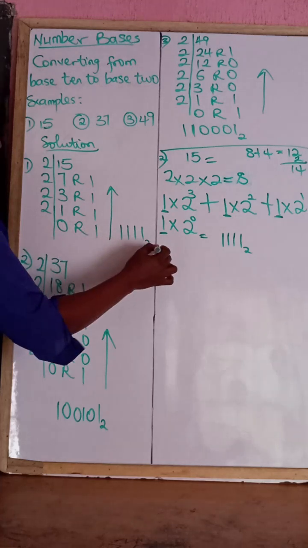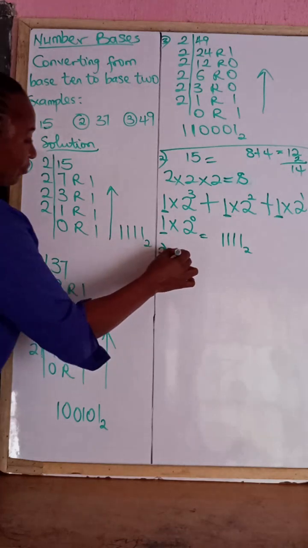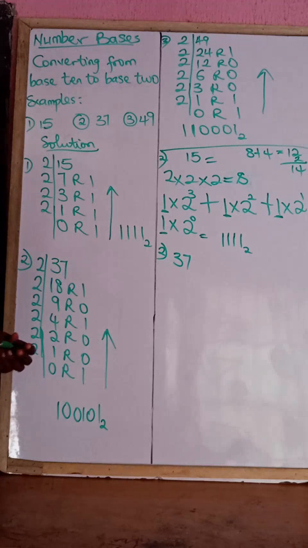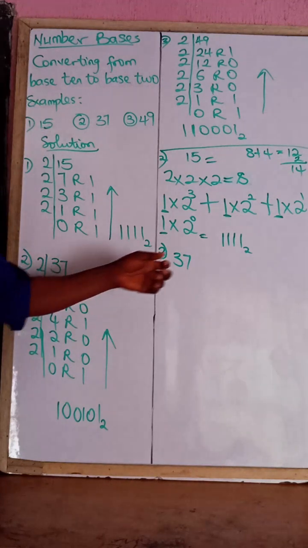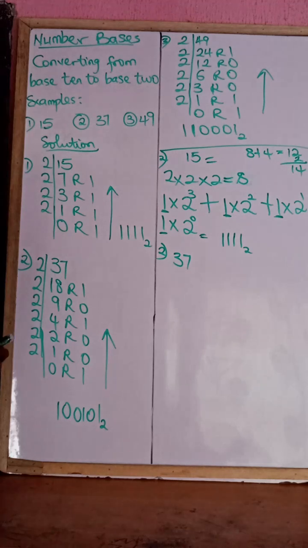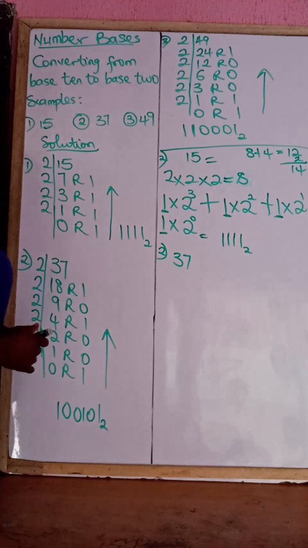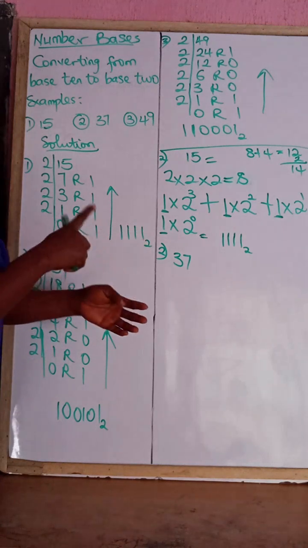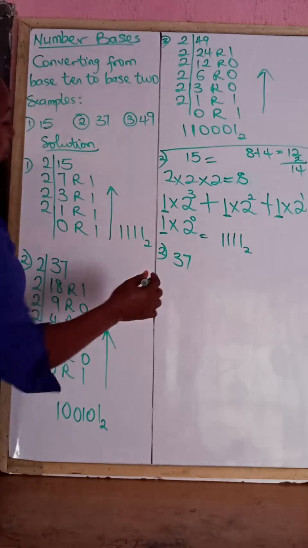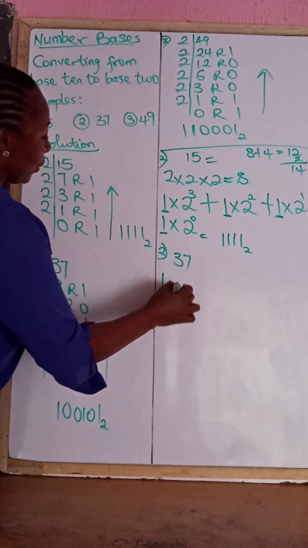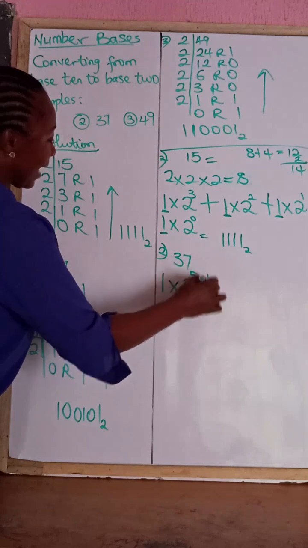Okay, we look at the second one. It is 37. Now we are looking for the powers of 2 we can find in 37. Up to the 5th power will be there, yes. 2 raised to power 5 is 32. That's 2 times 2 times 2 times 2 times 2, will give us 32. So we are saying we have one group of 2 raised to power 5.